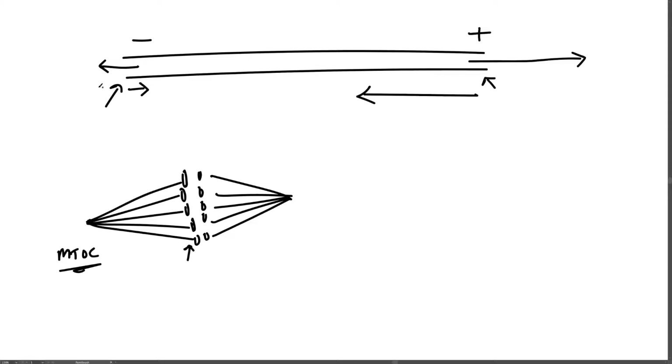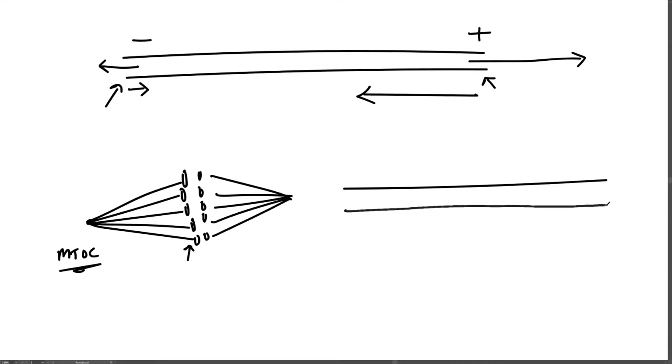Now it turns out that there can be conditions where the microtubule is growing at the plus end, that polymerization is occurring at this end, but that depolymerization is occurring at the minus end, and they refer to this as treadmilling.